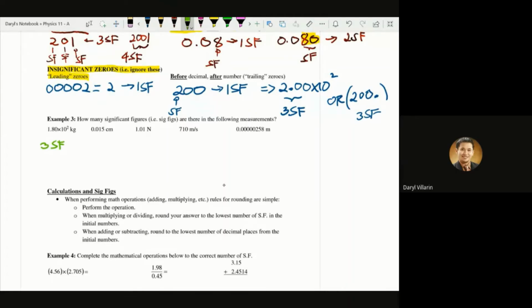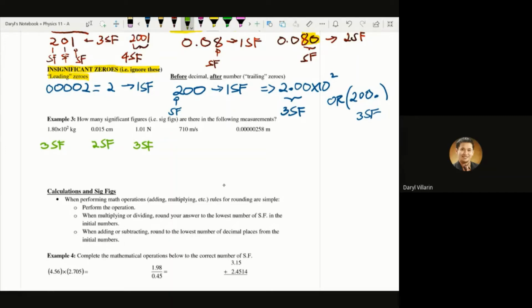0.015, again, the leading zeros here are insignificant. So the significant digits are just the 1 and the 5, so 2 significant figures. And then you have 1.01. Again, you have a zero in between two non-zero digits, so you count the 0 as significant. So this is 3 significant figures. And then 710 meters per second.